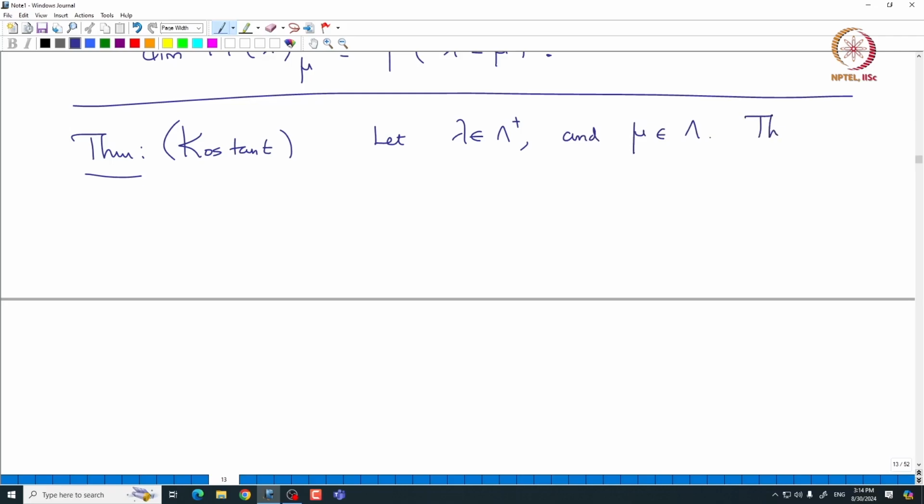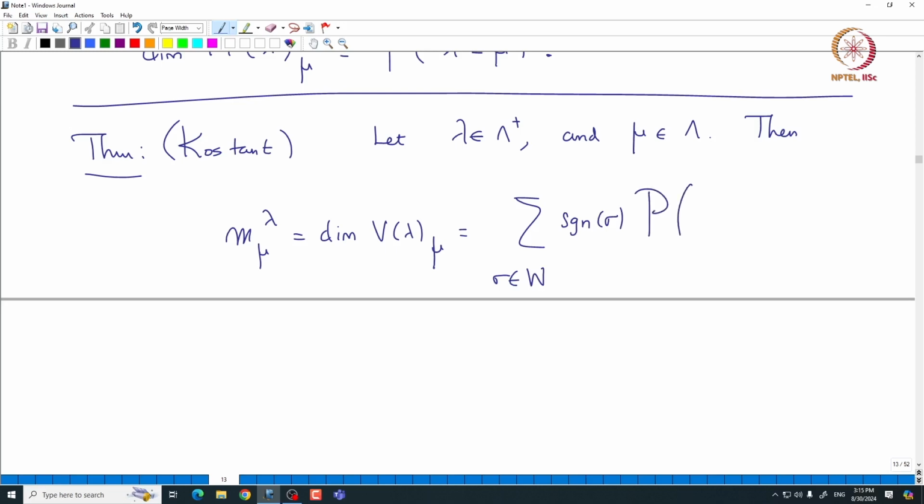We are interested in the multiplicity of mu in V of lambda, that is the number m mu lambda, which is by definition the dimension of V of lambda mu. It is given by the following formula: you take the sum over sigma in W of the sign of sigma times the partition function of sigma of lambda plus rho minus mu plus rho.